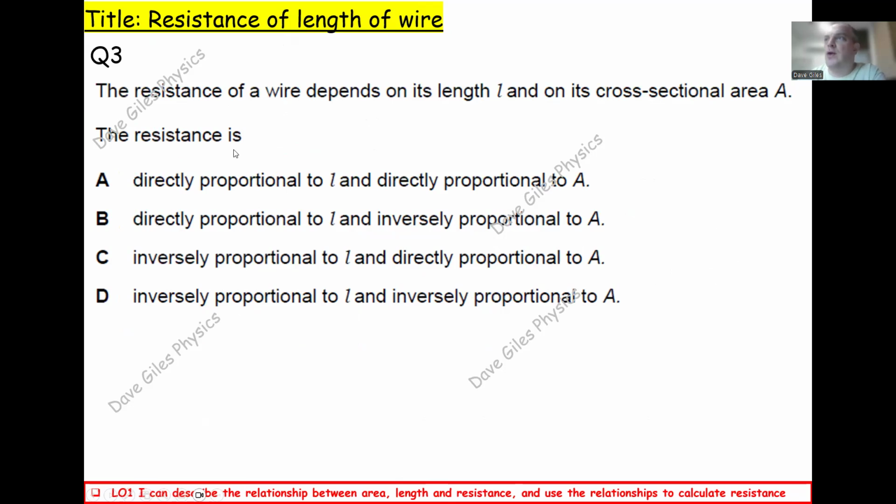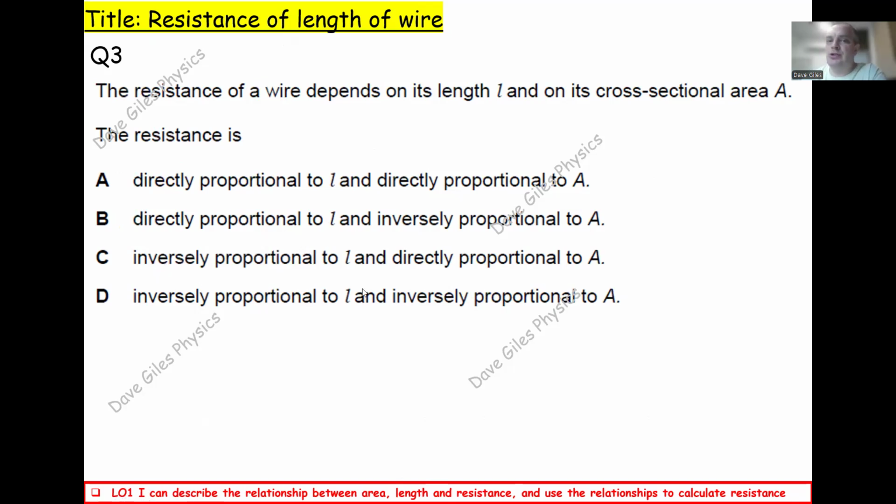The resistance is, let's go through them, starting from the bottom, inversely proportional to L and inversely proportional to A. No, because we've already said earlier that it's proportional to L, although it is inversely proportional to A, so the first half's incorrect.